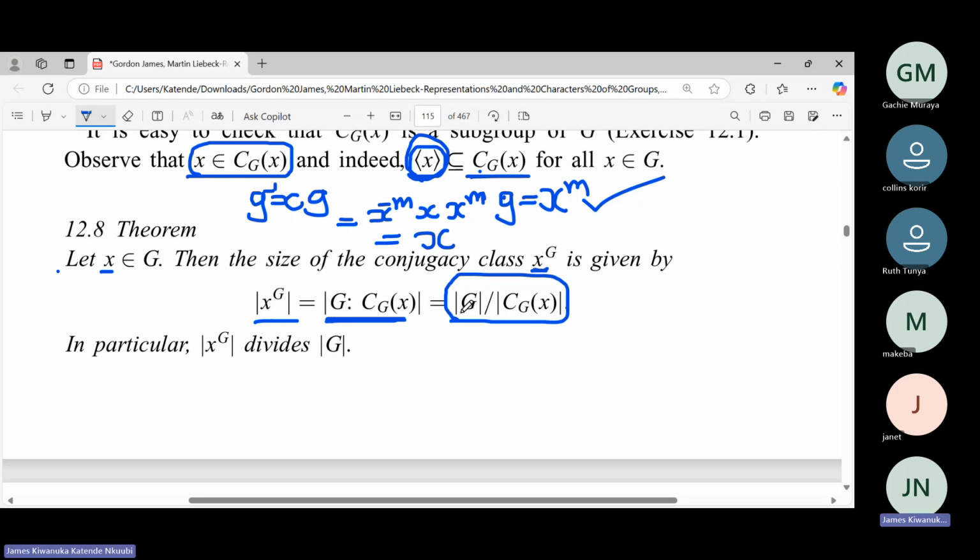The number of distinct left cosets is simply equal to the number of elements in the group divided by the number of elements in the subgroup. Remember, we have agreed that you check that the centralizer is a subgroup. It means Lagrange's theorem allows us to make the statement that the number of elements in the conjugacy class must be a factor of the number of elements in G.